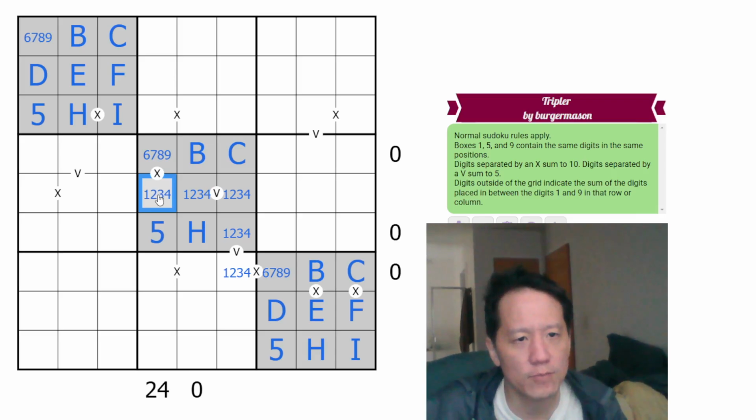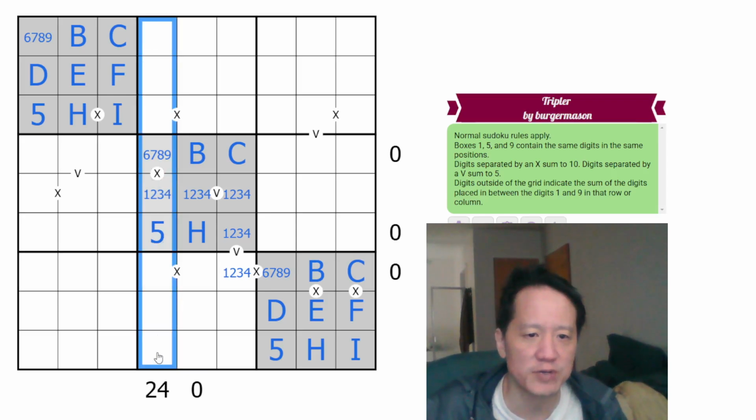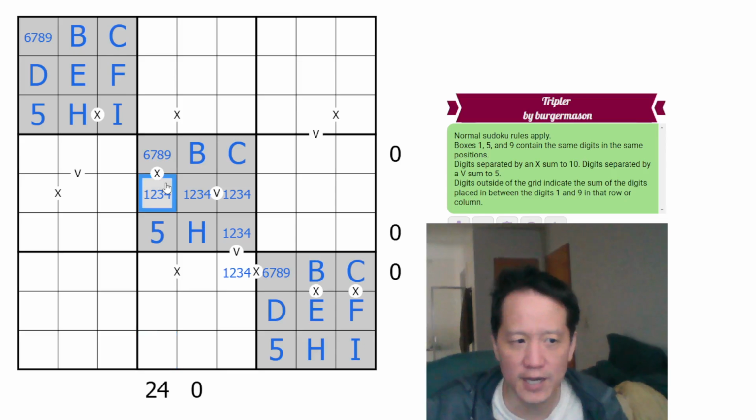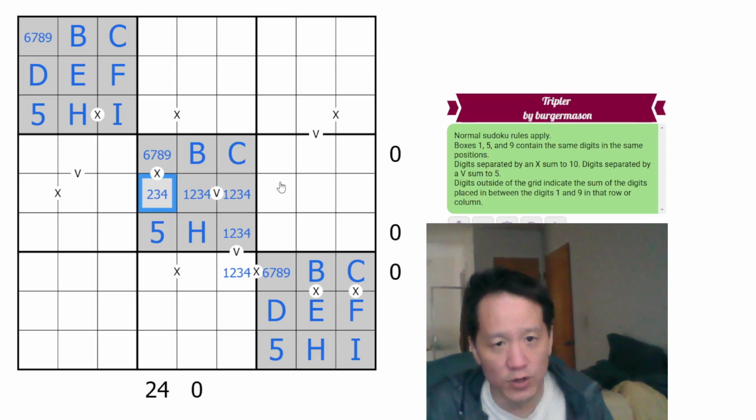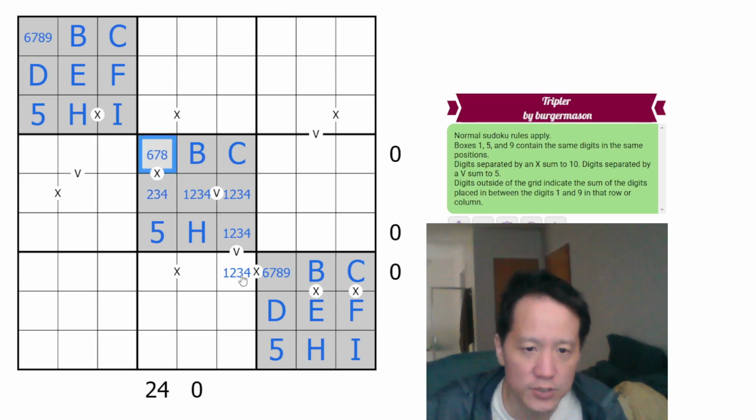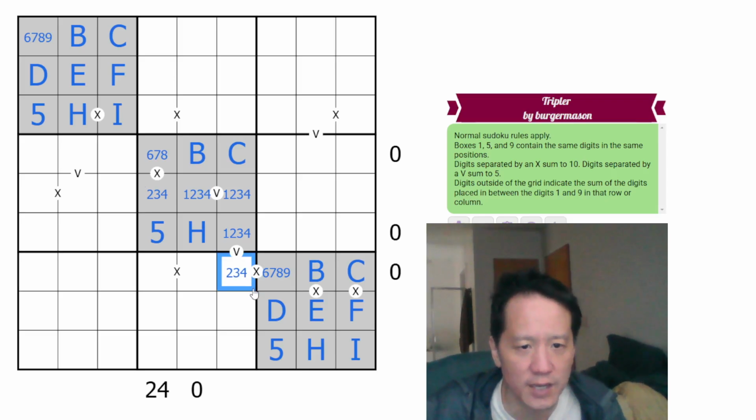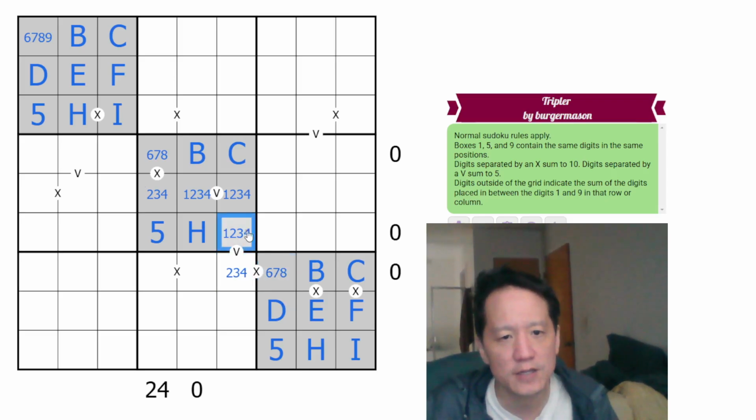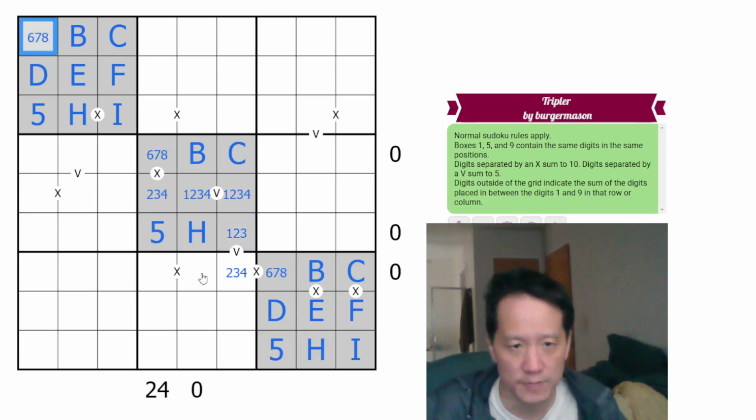Sorry, that was not very clear. If this is 1 and this is 9, the sum of the digits in between is 0, but that is contradicted by the 24 that's outside of the grid, which says that there has to be digits adding up to 24 between the 1 and 9. So this cannot be 1, which means this can't be 9. So again, the D cannot be 1, so this can't be 1, which means this can't be 9, this can't be 4, and again, this can't be 9.